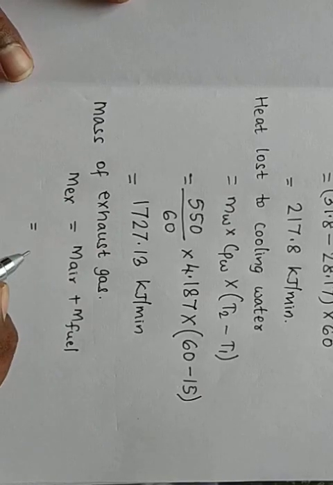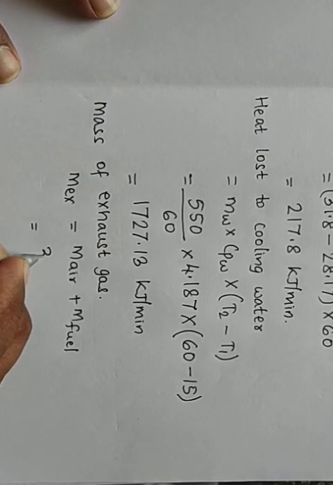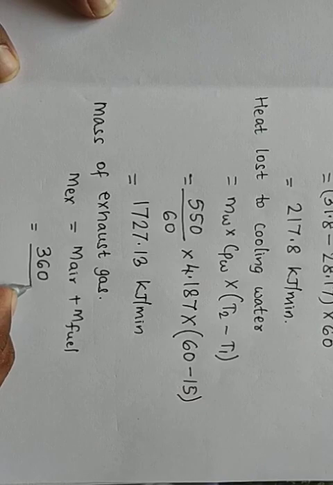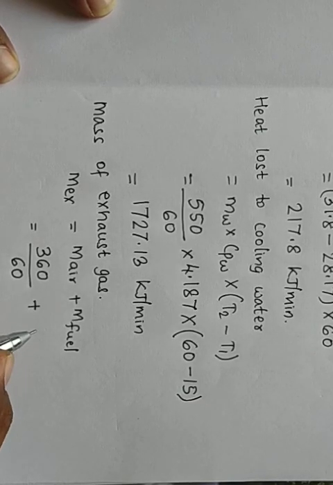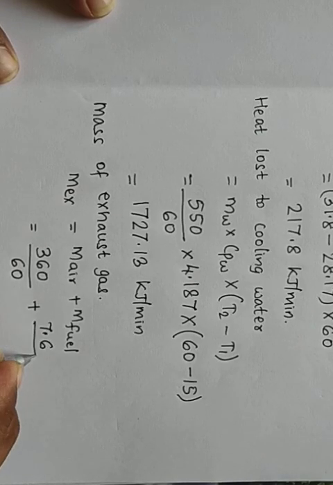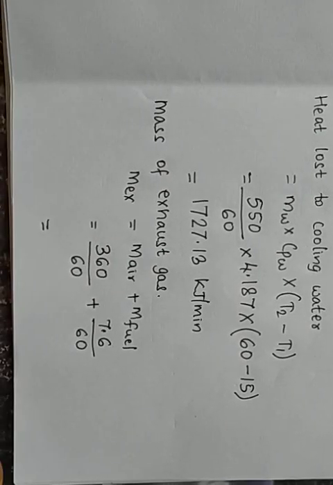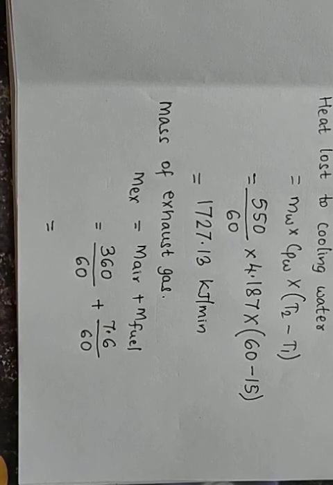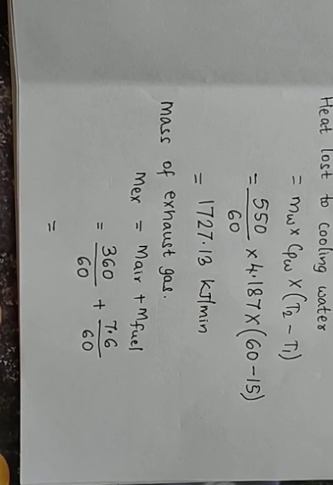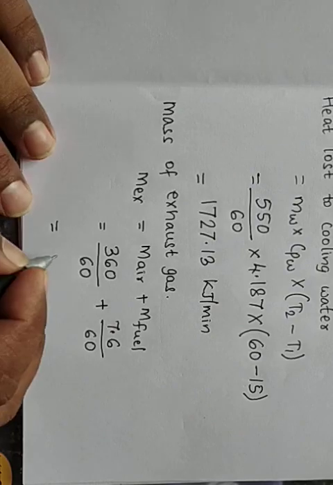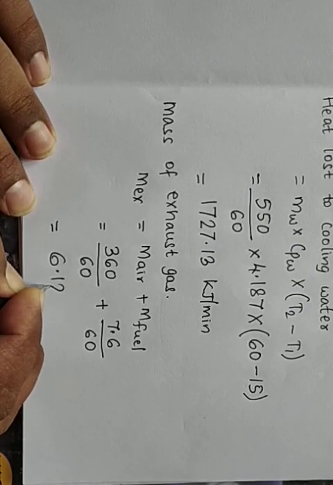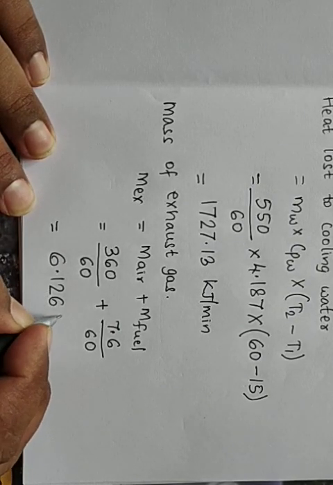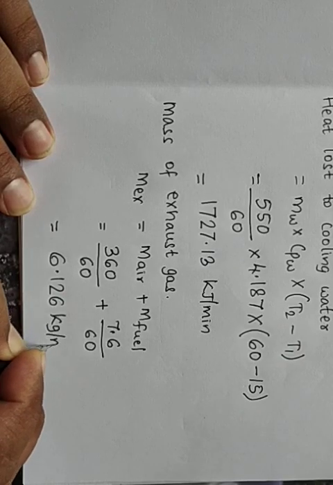That is, mass of air is 360, which is for 1 hour, divided by 60, plus mass of fuel is 7.6, again divided by 60. So calculate the value of exhaust gas. So we get the answer as 6.126 kg per minute.